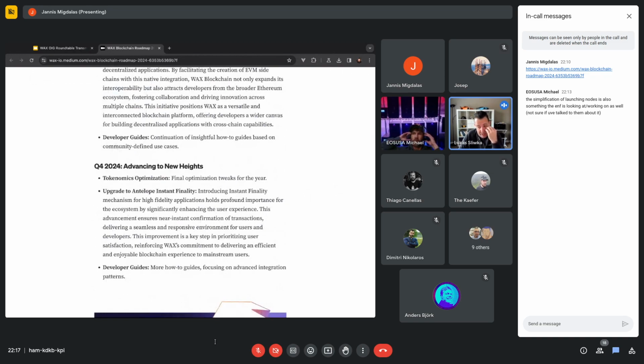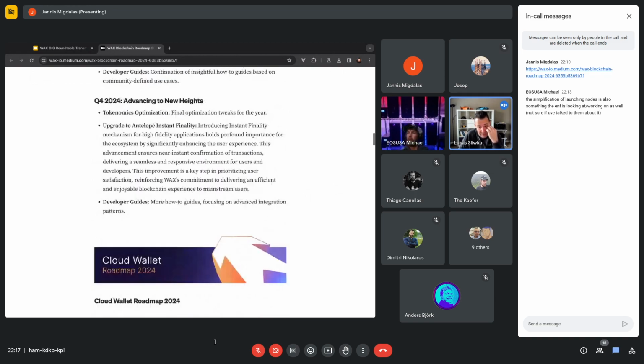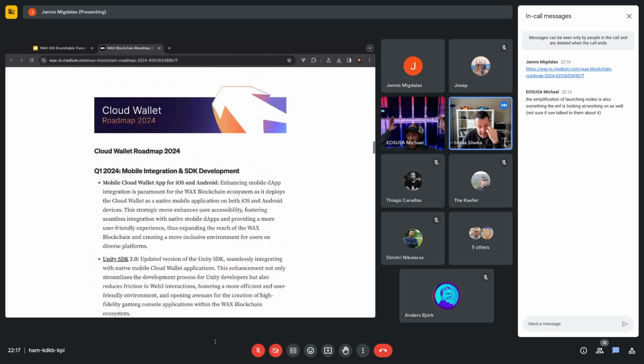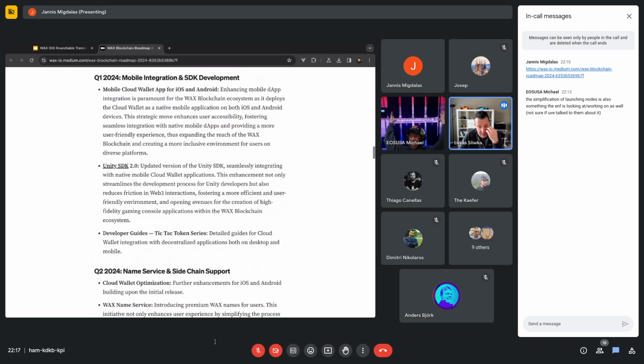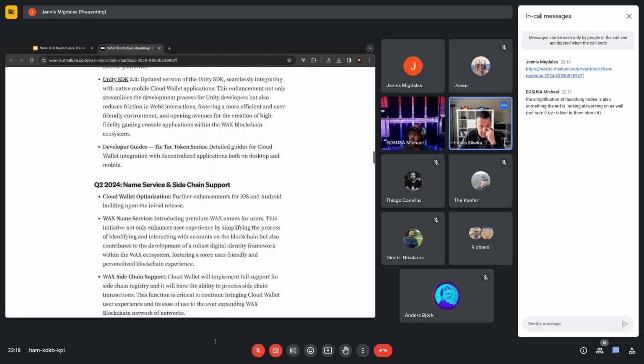So I mentioned that Cloud Wallet is going to start supporting Testnet, starting with Testnet, but then it will also start supporting all the side chains. So there will have to be like a sidechain registry developed, but the goal is for Cloud Wallet to be able to support all that growth.